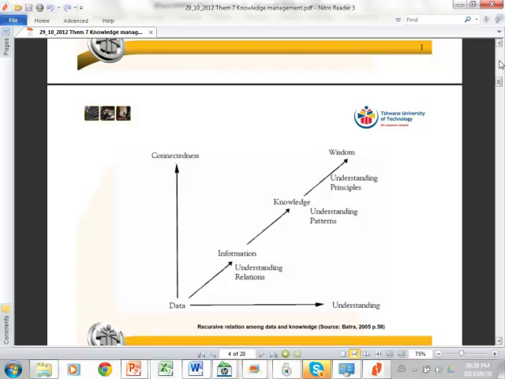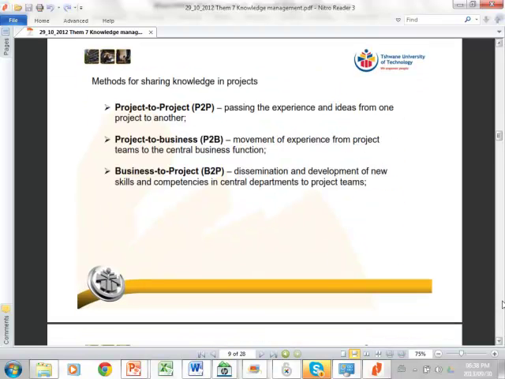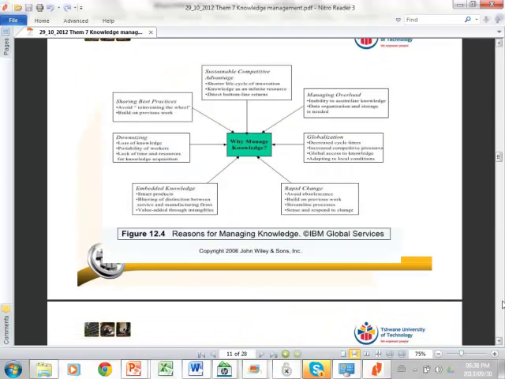What they had done was take the data and convert it into knowledge. Does that make sense? That's why we manage knowledge: we try and put the things that belong together.